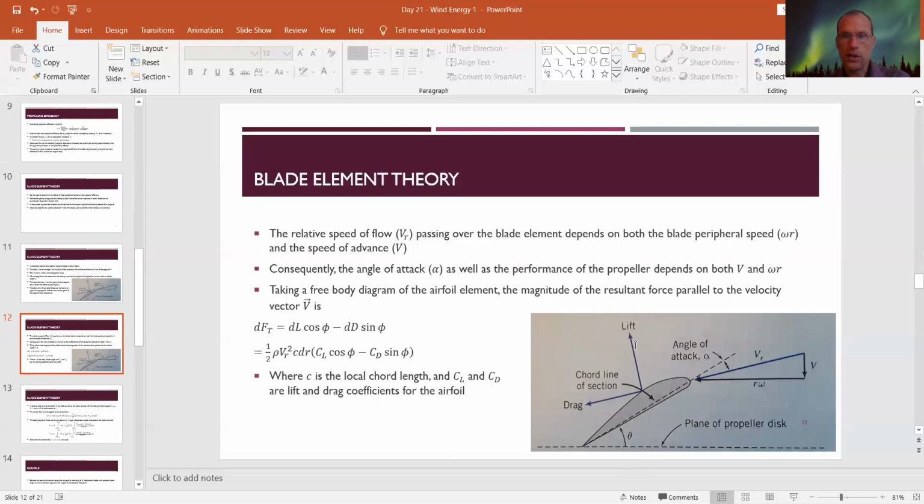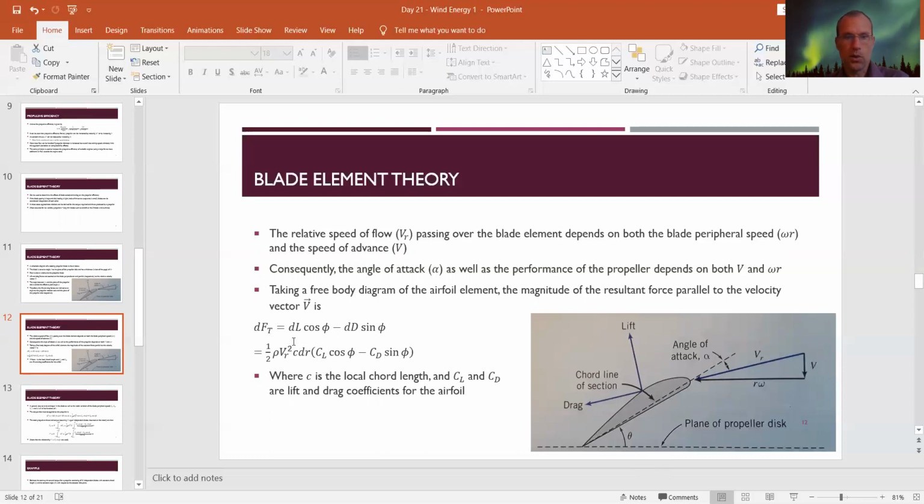I have some contribution from lift, which is whatever my lift force is, L times cosine phi, and that's going up, so positive. And then my drag force D, again, that's at some angle phi with respect to the horizontal line. I only want the y component of that, so that's a sine phi there. Technically, this guy's going down in the up and down y direction.